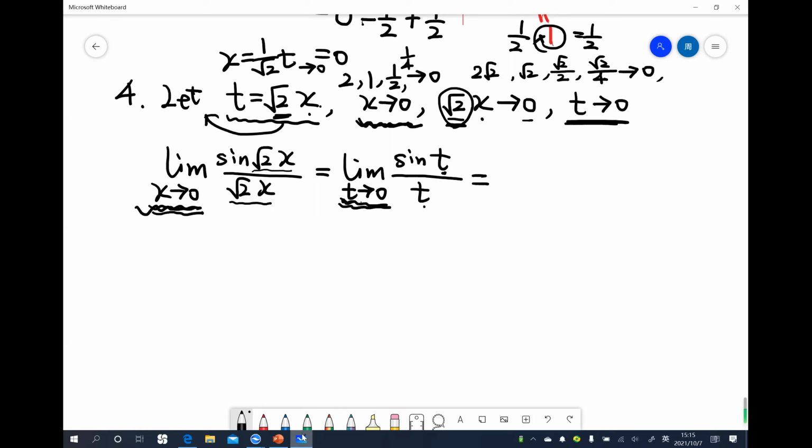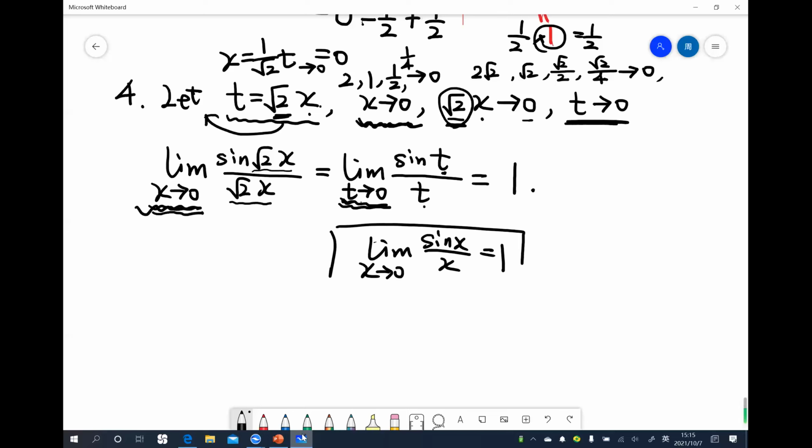So here we can find that is the same type of the important limit. So here we know that equals 1. Because the important limit, the formula that we gave, is sine x by x as x approaches 0 equals 1. And here we just change the letter from x to t, but that will not change the limit. So that also equals 1 here.